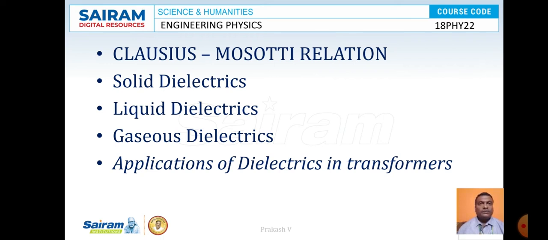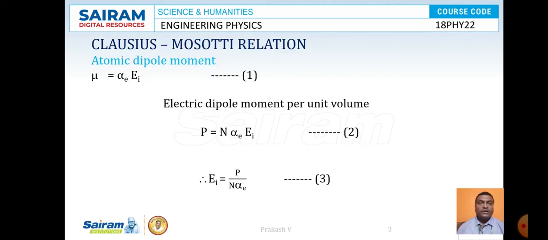Now let us look into the Clausius-Mossotti relation. According to the information we got about the dipole moment, the electric dipole moment is given by mu equals alpha E into EI, where alpha E is the electronic polarizability of the material and EI is the internal field.